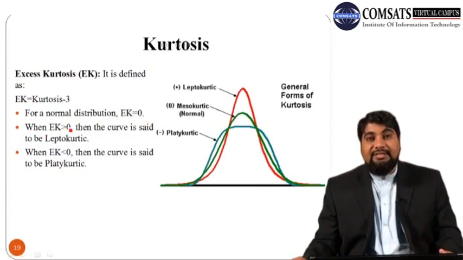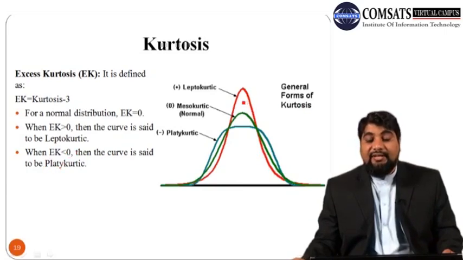When kurtosis is greater than 3, suppose the value of kurtosis is 4, then 4 minus 3 gives excess kurtosis greater than 0. When excess kurtosis is greater than 0, the curve is said to be leptokurtic, and when excess kurtosis is less than 0, meaning kurtosis is less than 3, the curve is said to be platykurtic.